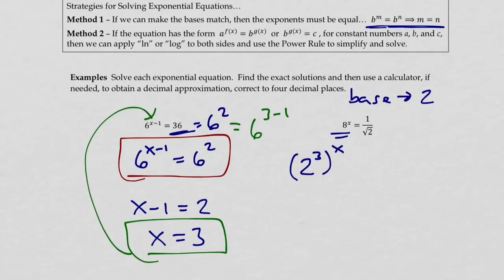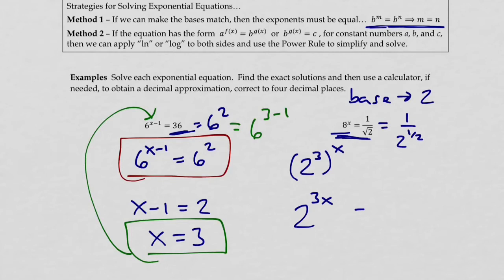So on the left-hand side we have 2 to the 3x. On the right-hand side of this original equation, we can do a couple of things. First, the square root is the same as raising something to the 1/2 power. So I can think of that as 2 to the 1/2 power. And then, because it's in the denominator, we can translate that into a simpler exponential expression by using a negative exponent.